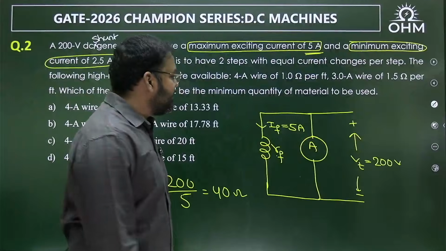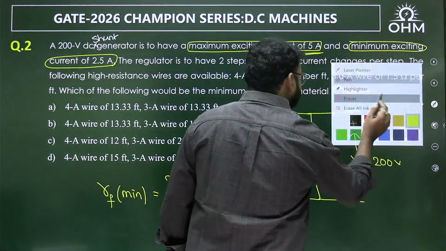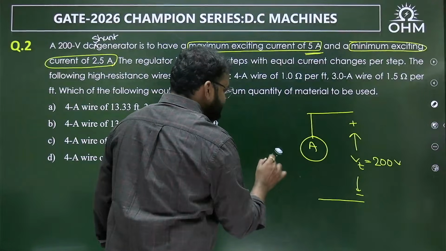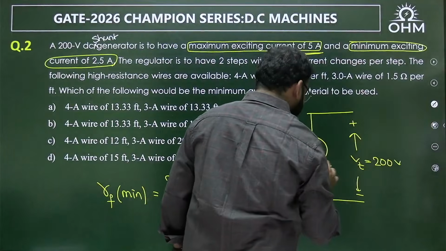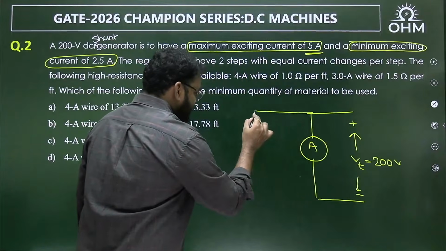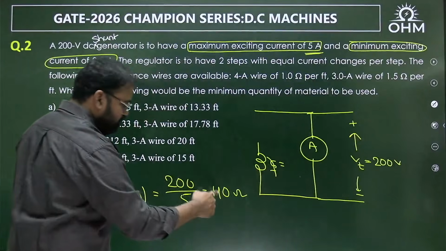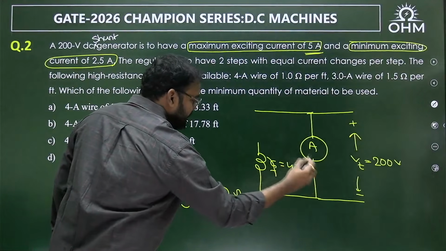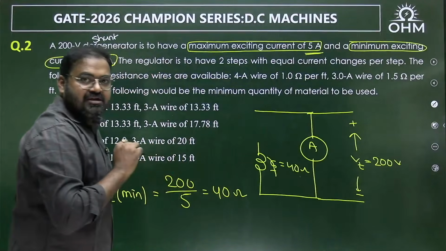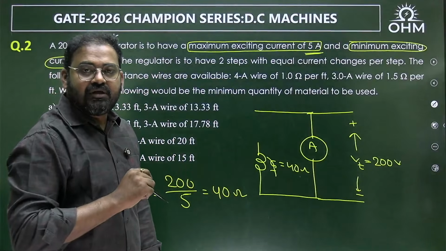So I have to add some additional resistance here. Okay, so add some extra resistance. That means the circuit diagram will change now. See, this is the field resistance we have. How much do we have? We have 40 ohm field resistance. Now some extra resistance was added, that is known as the regulator. With how many steps?